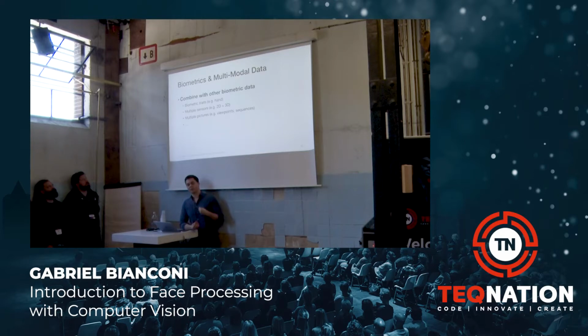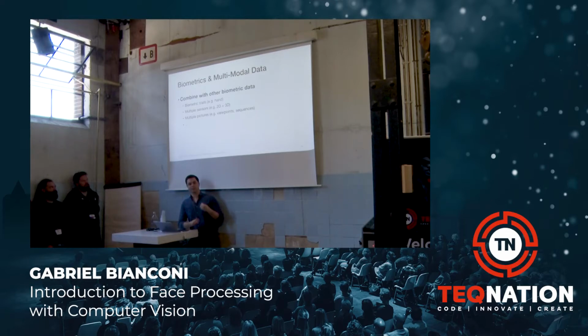In cases like this, then, we can start looking at other biometric data, for example, your fingerprints, your handprints, and so on. We can combine multiple types of sensors, so instead of looking just at a picture, we can look at a 3D scan, similar to what your iPhone is now doing with Face ID. It's not only taking your picture, but it has a pretty granular 3D scan of your face.